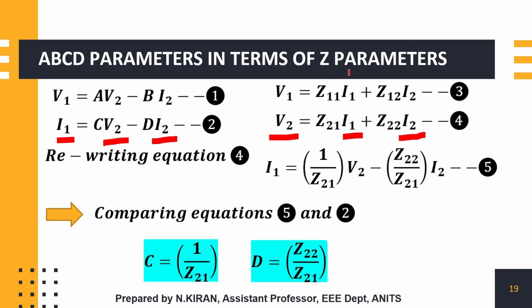So in order to compare now the first equation and the third equation, I have to eliminate I1 from the third equation, and that can be done by substituting the fifth equation in the third equation.